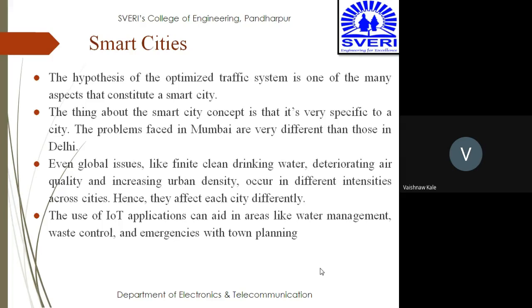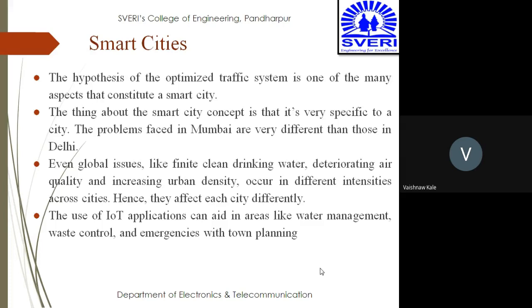Now town planning has to be in such a way that traffic management is done, and the locations in the city are built up in such a way that everything is comfortable. So there are different areas in which IoT can be used and can be helpful. As far as smart cities are concerned, obviously the traffic system will be there.